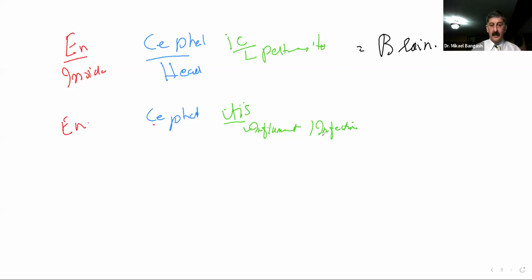In most instances, guys, if you have an infection that affects the brain, it's usually a bacterial infection. For inflammation, there can be a lot of things that may cause inflammation of the brain, which is still going to be referred to as encephalitis.